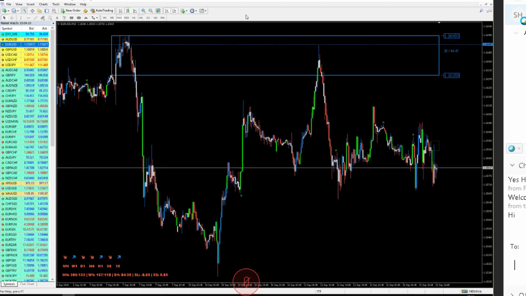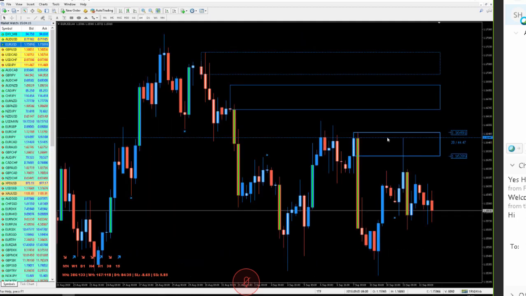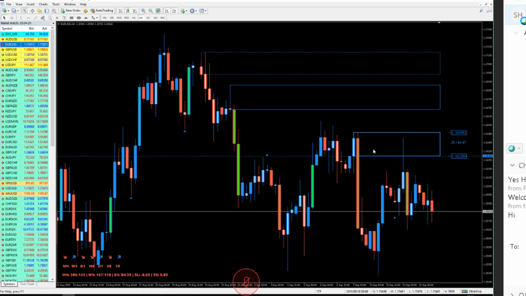So if you were to trade this as a 4-hour area of supply, your entry would have been here, providing that you do not do any further analysis on smaller time frames. I always recommend that you do this, and this is what I'm doing myself as well. I'll mark off the break point here.